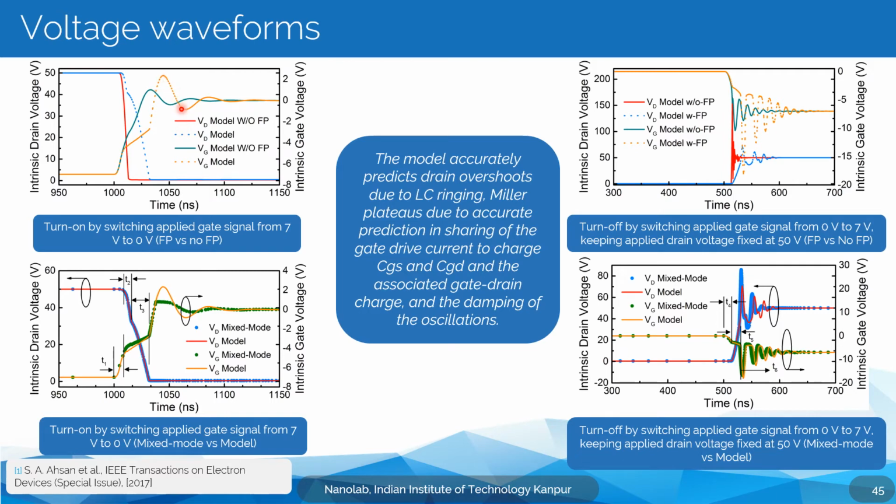And then we compared this result with the TCAD result we got from our device, and it almost overlaps with the results, which is a very good fit when compared to the mixed mode TCAD output. Again, this is the turn-off transient, and these are the results with and without the field plate models. And as you can see, it really overlaps with the ringing. Even the ringing overlaps perfectly with the TCAD results.